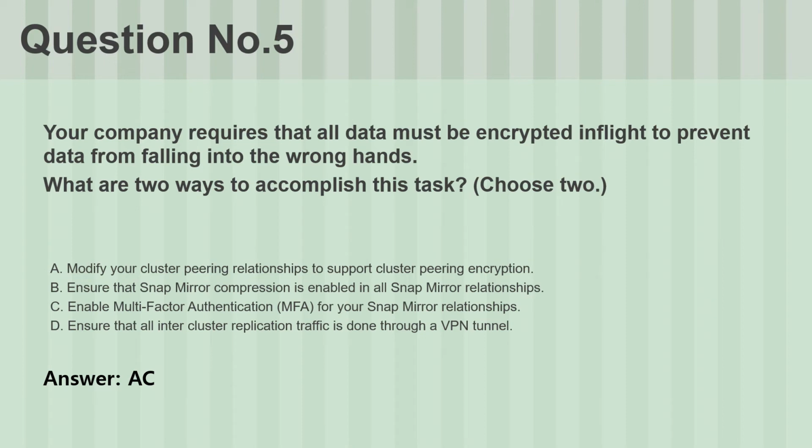B. Ensure that SnapMirror compression is enabled in all SnapMirror relationships. C. Enable multi-factor authentication (MFA) for your SnapMirror relationships. D. Ensure that all inter-cluster replication traffic is done through a VPN tunnel. Answer: A, C.